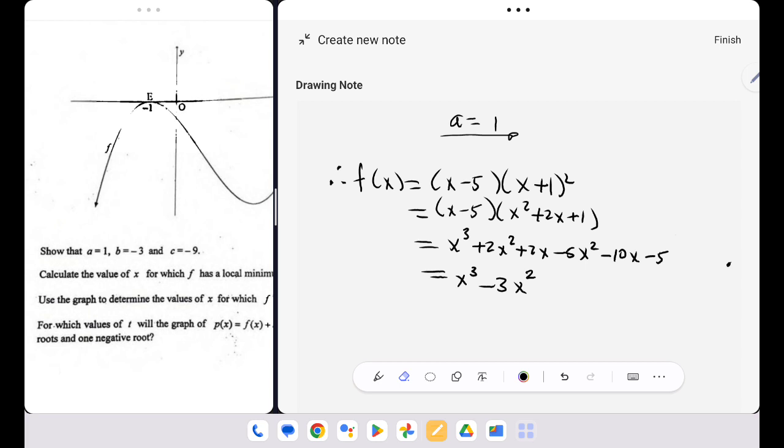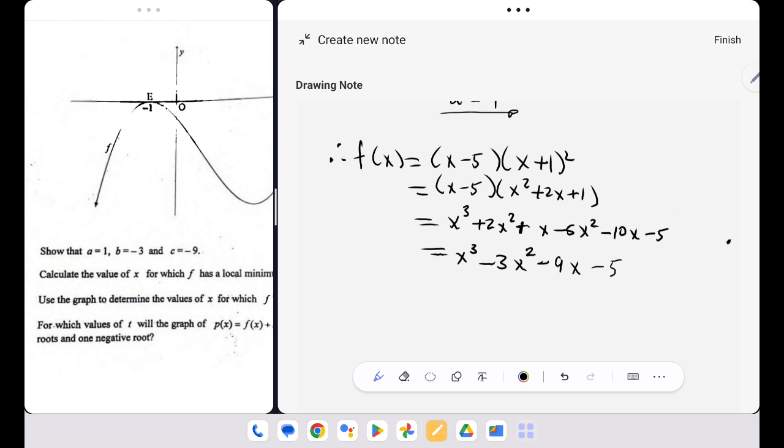And then a positive x and a negative 10x will give me -9x. I made a mistake here initially. I said x multiplied by 1 is 2x, which is a big mistake. And then I'll have my -5. So therefore my a is 1, b is -3, c is -9.